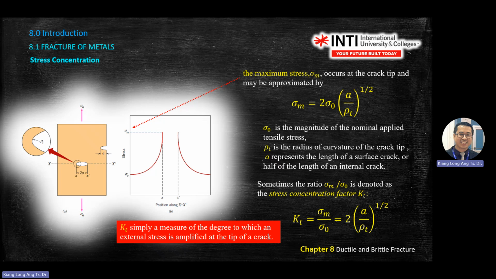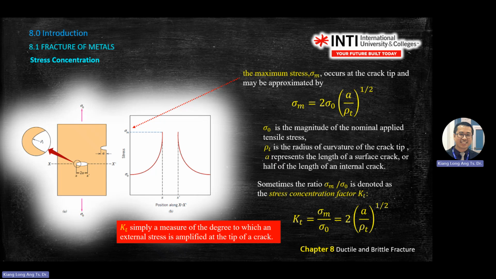So maybe initially a crack was found by using an NDT method. The size of the internal crack is 1 mm, for example. This equals 2A.